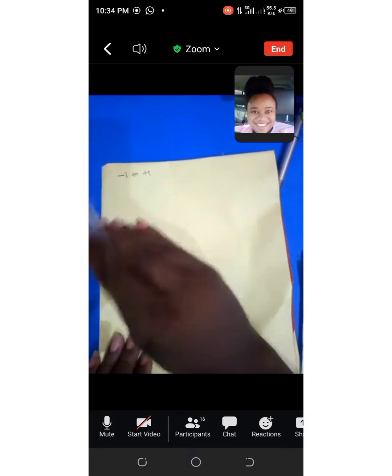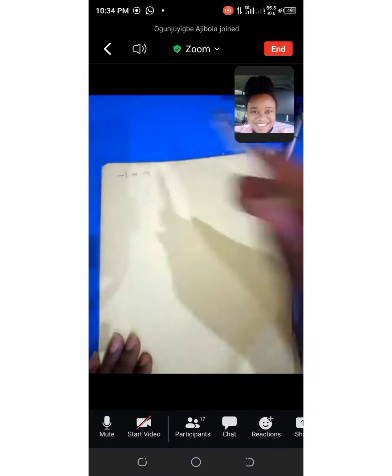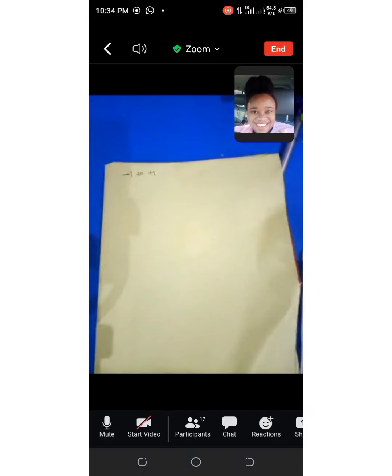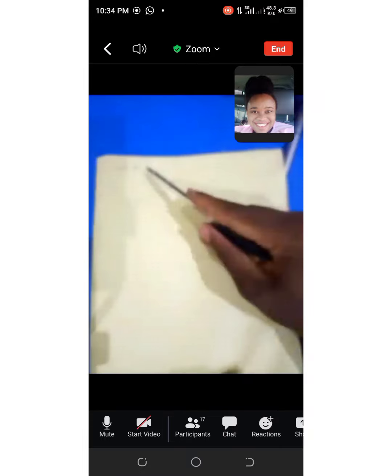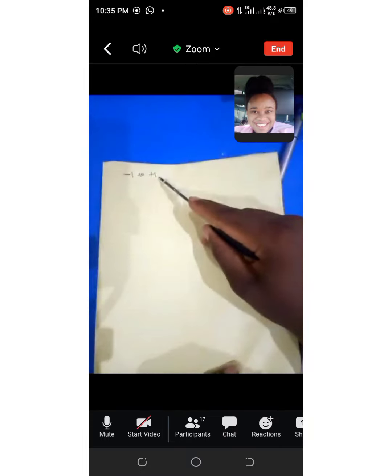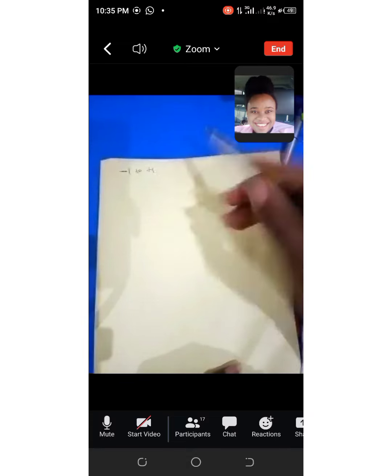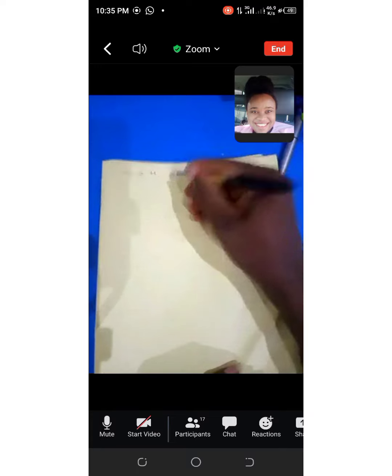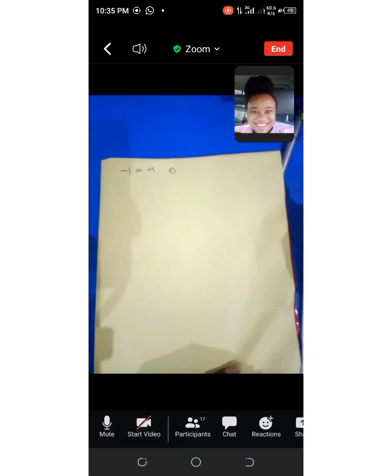So meaning that the relationship between them is far apart, so there's no connection at all. Then positive value +1 means that there's a strong relationship. Then if you have the value of 0, it means that there's no relationship at all.